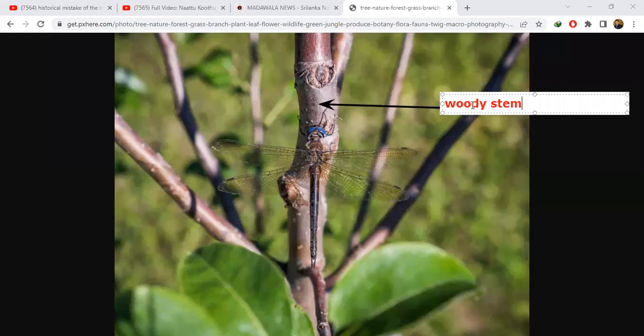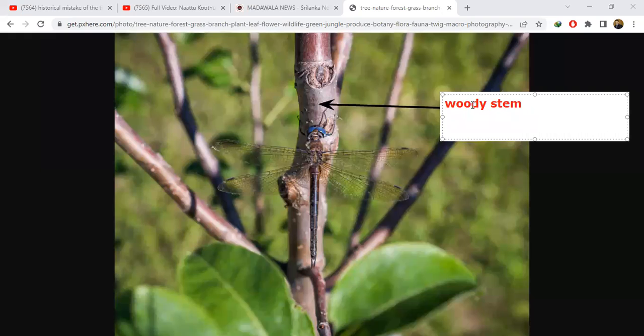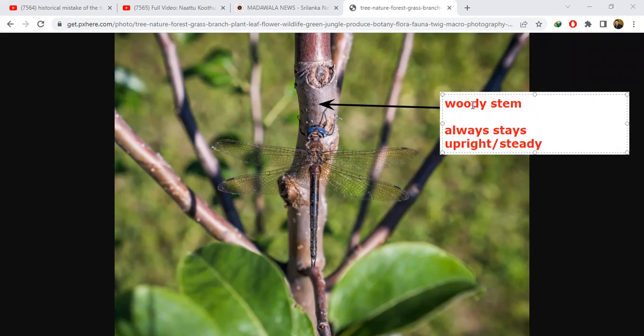Because it is a woody stem, it always stays upright, or steady, or straight. Understood? Yes, sir.